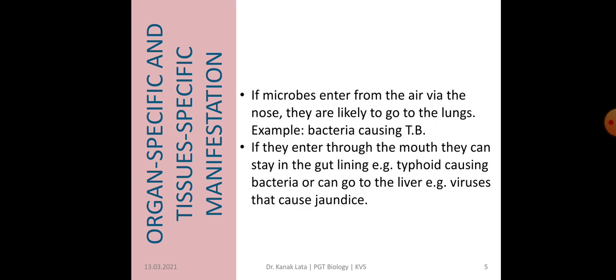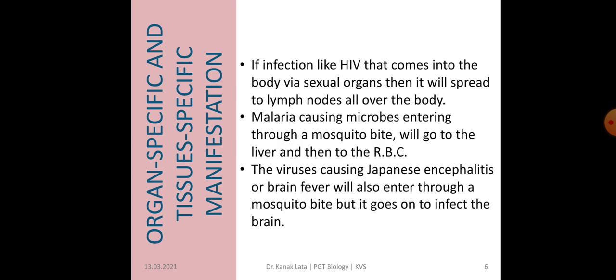If microbes enter through the mouth, they can stay in the gut lining, for example typhoid-causing bacteria, or can go to the liver, for example viruses that cause jaundice. If an infection like HIV comes into the body via sexual organs, then it will spread to lymph nodes all over the body.